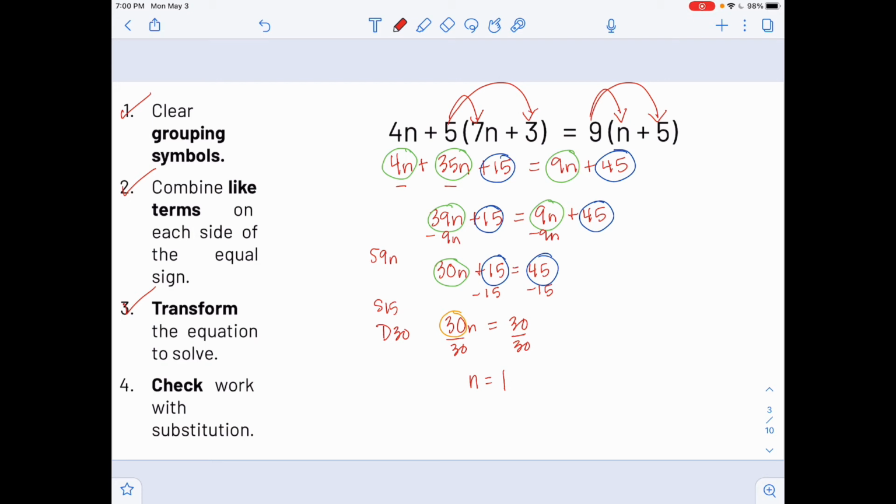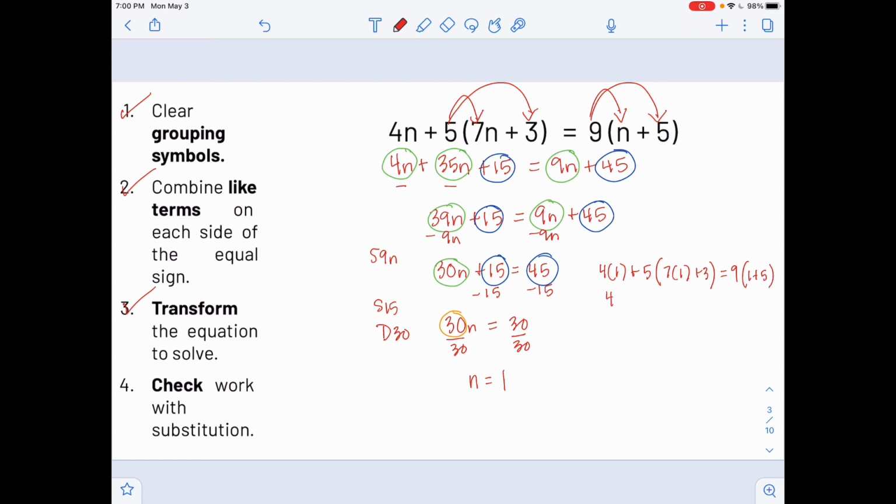Now I can check my work with substitution, and what that means is I'm going to substitute any variable in my original equation by the answer that I found. So I have 4 times 1 plus 5, 7 times 1 plus 3 is equal to 9 times 1 plus 5. Well, 4 times 1 is 4.